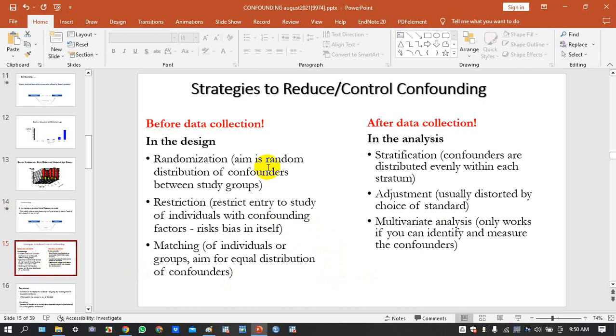How do we control for confounding? Before we collect data, before we have in our minds that we are going to carry out a study, we can only control for confounding before data collection by randomization. That is, we are going to pick our participants at random. We will not have any preference.